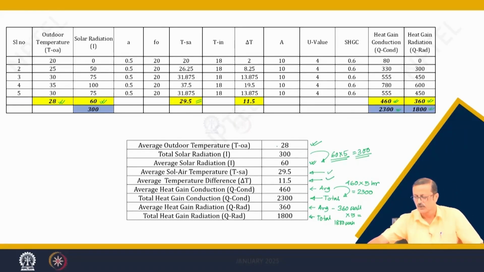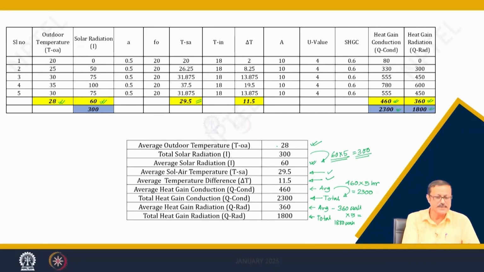Okay. Based on this 5 hours calculation, I found the average or mean values in the yellow boxes, and the total values are in the green box. Now, if I use this average outdoor temperature and average solar radiation, could I get the average TSA, the average delta T, and the average heat gain through radiation and conduction?